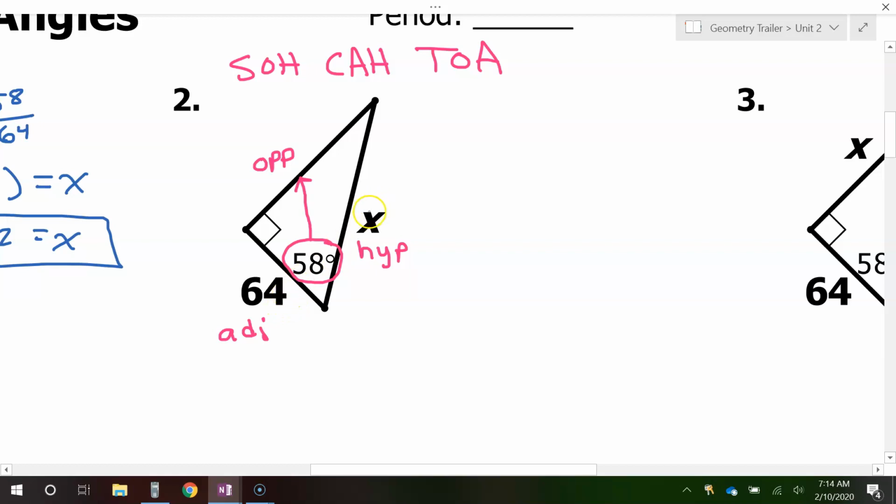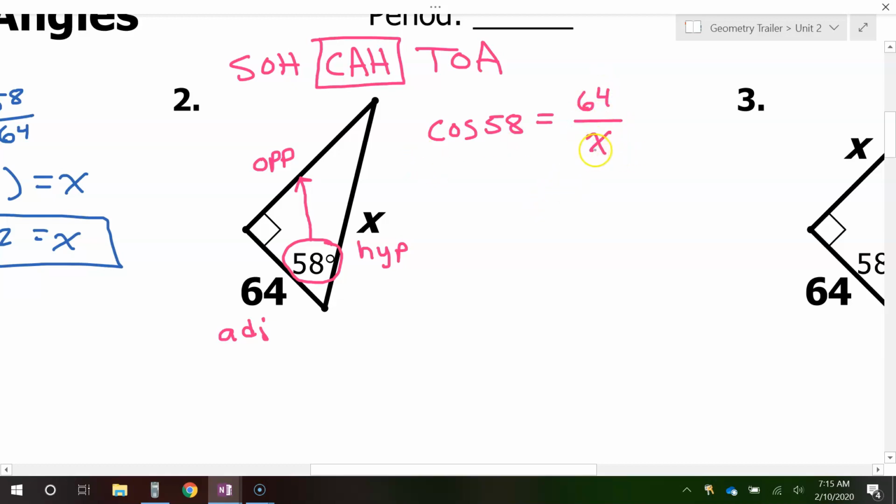Now, which two sides are we dealing with? Well, we've got adjacent is 64, and the hypotenuse is the x. So adjacent and hypotenuse. Which function is that? Well, that is cosine. Cosine is adjacent over hypotenuse. So we will start by writing cosine of the angle that we circled. So cosine of 58 is equal to adjacent over hypotenuse. So 64 over x.